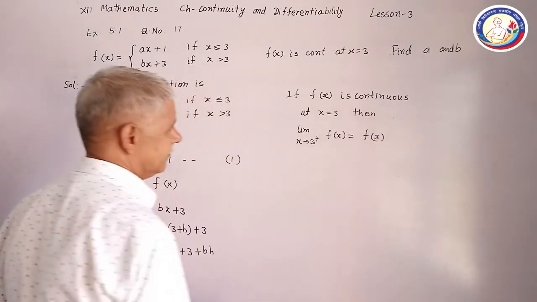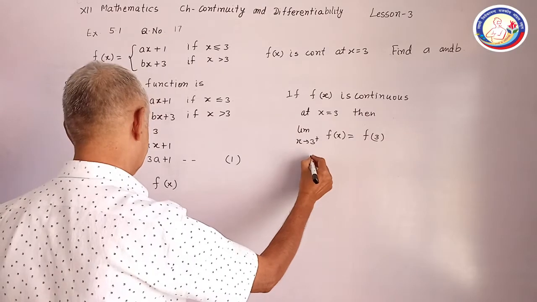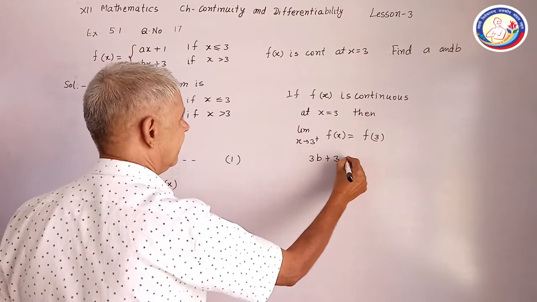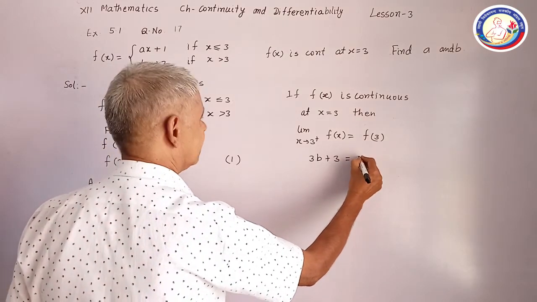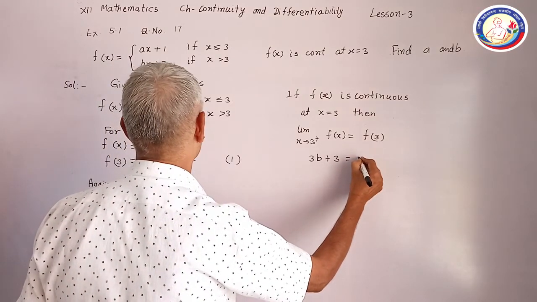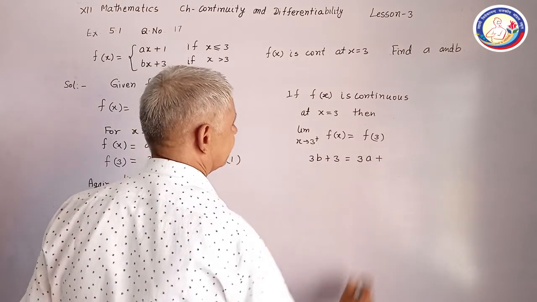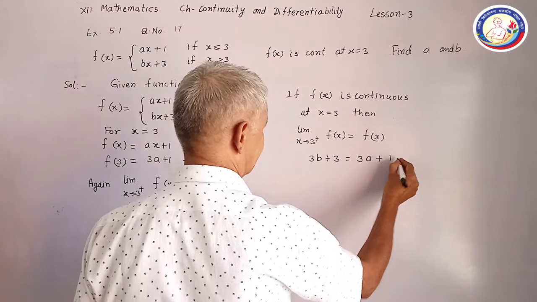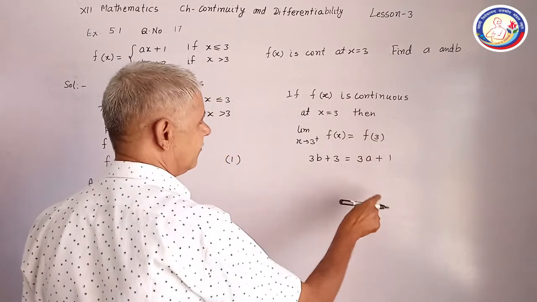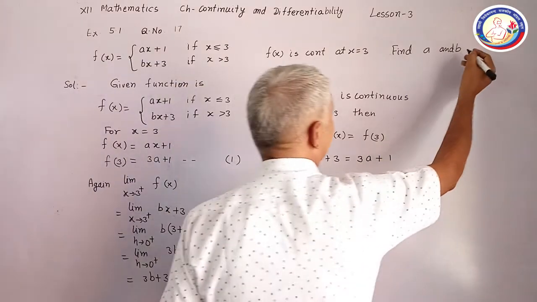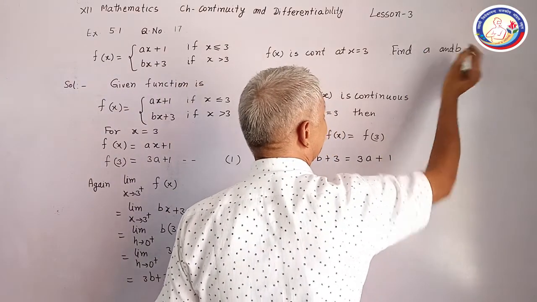Put these values here. This is 3b plus 3 equal to 3a plus 1. Now we have to find the relation between a and b.